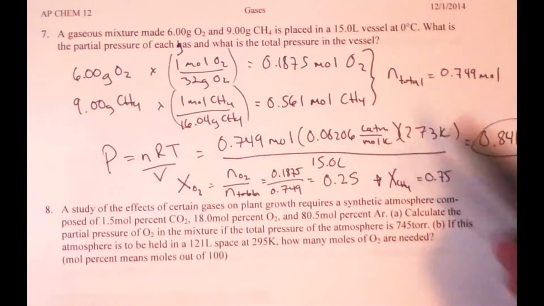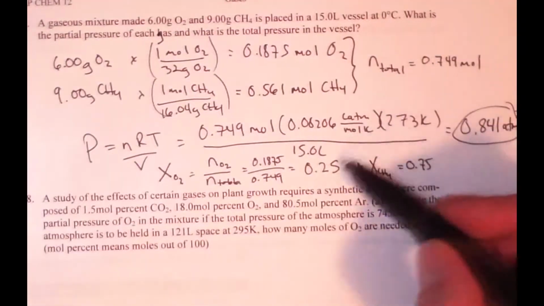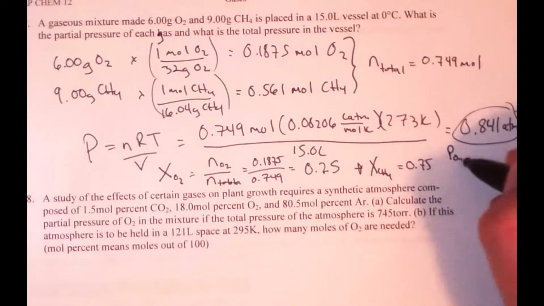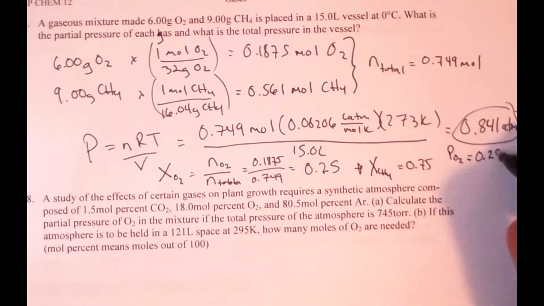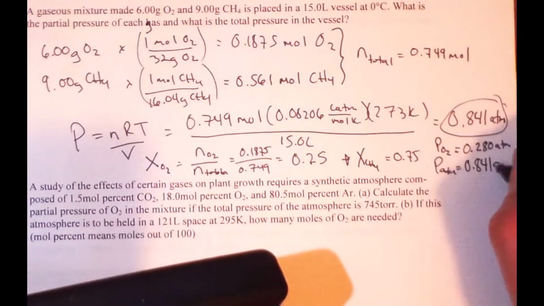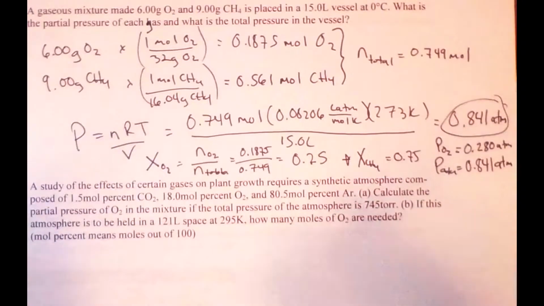So all you have to do now to get the partial pressure of each gas is multiply their mole fraction by the total pressure. So the pressure of O2 will be equal to 0.280 atmospheres, and the pressure of methane will be equal to 0.841 atmospheres.